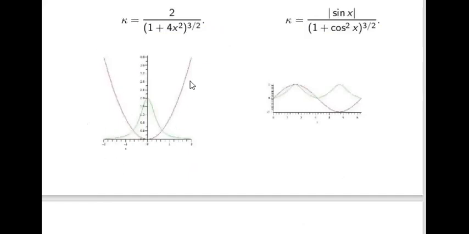This is the 2-dimensional curve function, and the curvature varies at each point. There's a maximum curvature at this point. The curviness is very high, higher than at any other point.